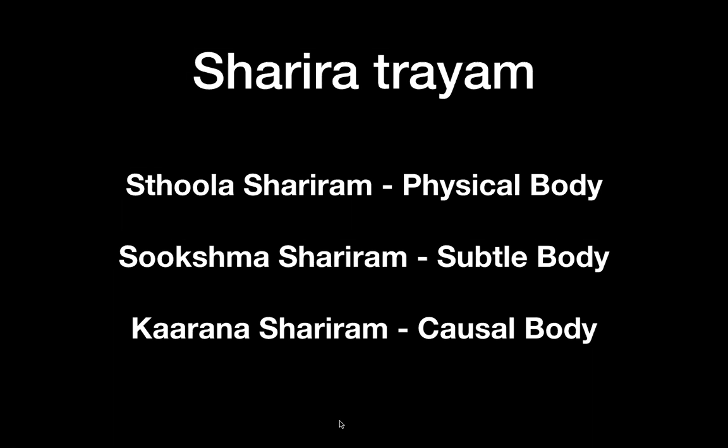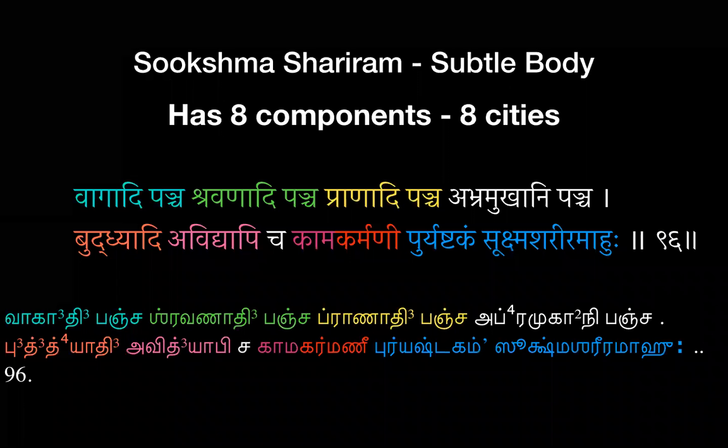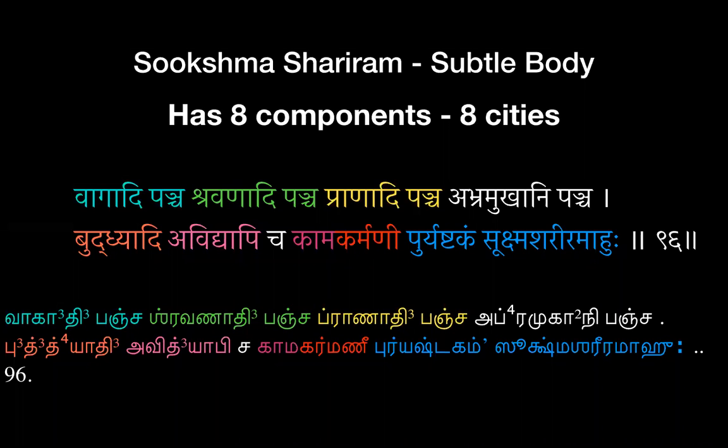The Acharya is explaining the Sukshma Sharira or the subtle body in detail. In Vivekachudamani, Acharya says the subtle body is apparently a Puri Ashtakam, 8 Puris, a country made up of 8 cities is the subtle body.